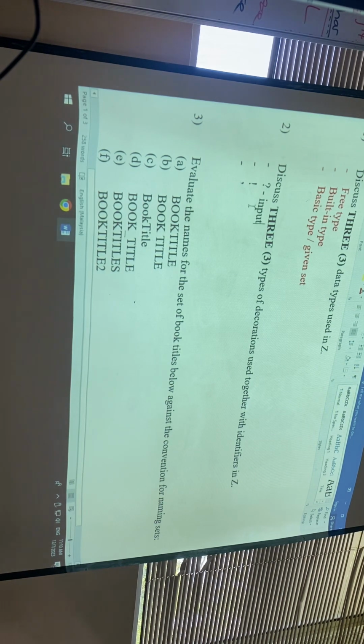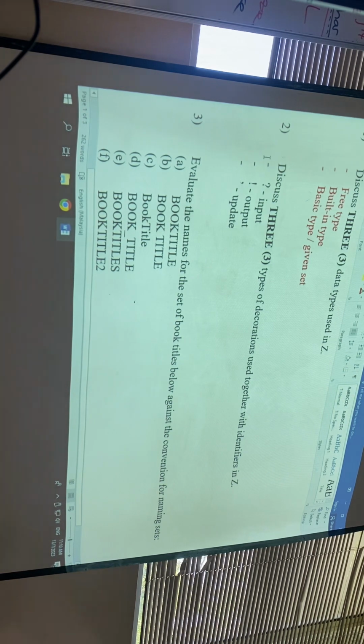How about exclamation mark? Output. And the prime or apostrophe is actually to show the update of your data inside the database.